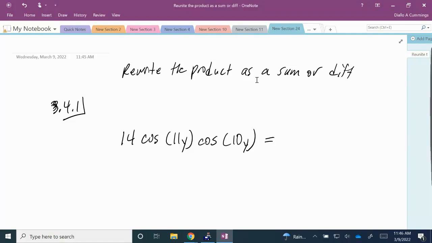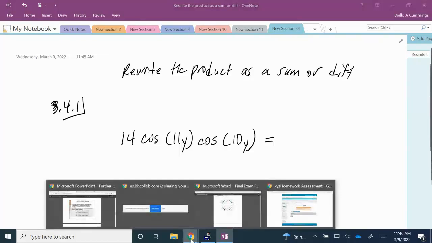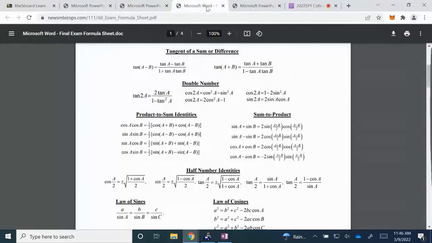So we're asked to rewrite this product as a sum or a difference. So we're given a product, and we're looking for the product formula that has some type of cosine times another cosine. So I'm going to bring back up the formula sheet. And if I look at my product to sum formulas, notice that we have this first formula, cosine A. I'm actually going to write that down.